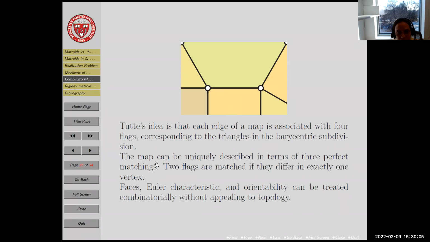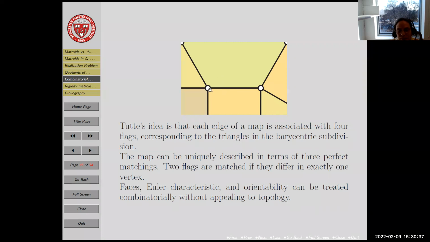And then the nice thing is that the map can uniquely be described in terms of 3 perfect matchings, namely, the flags are different. So if I look at flags that share 2 things, like for example a vertex and an edge, then if I flip from one face to the other, I have a matching between the 2 flags that share part of an edge.